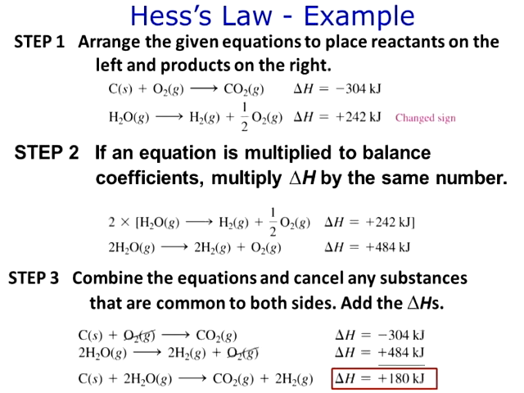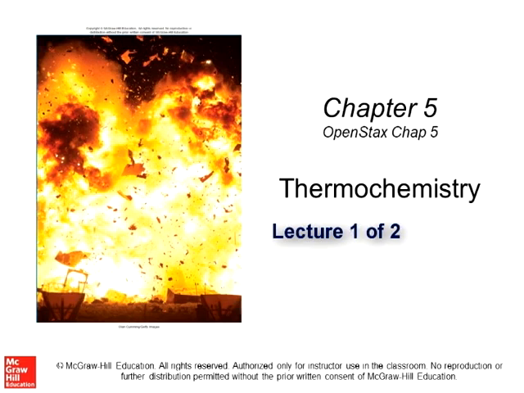Hess's law tells us that if we cannot determine that in a single reaction, we can use combinations of reactions that allow us to mathematically calculate the final value of the single reaction based upon a summation of its partial reactions. And that does it for Lecture 1 of Chapter 5 on thermochemistry.